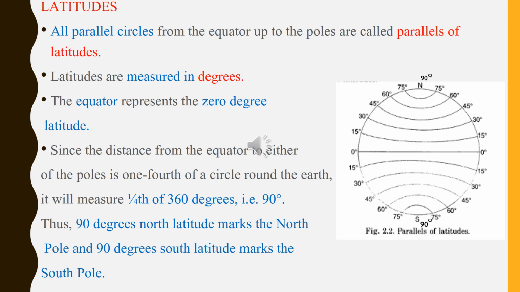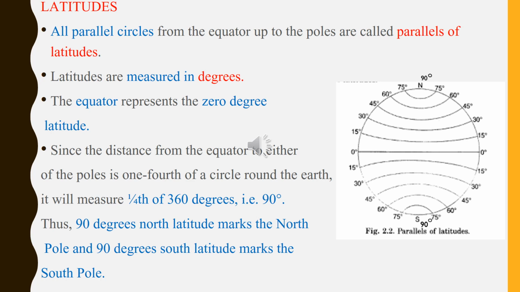Latitudes. All parallel circles from the equator up to the poles are called parallels of latitudes. Latitudes are measured in degrees. The equator represents the 0-degree latitude.